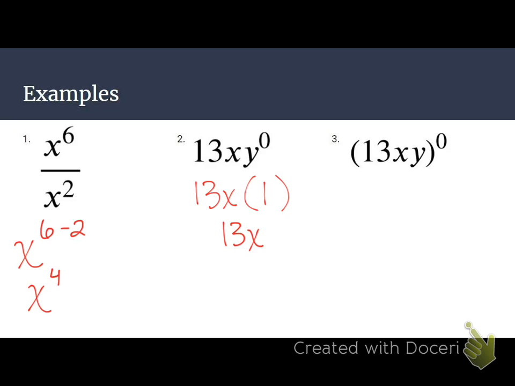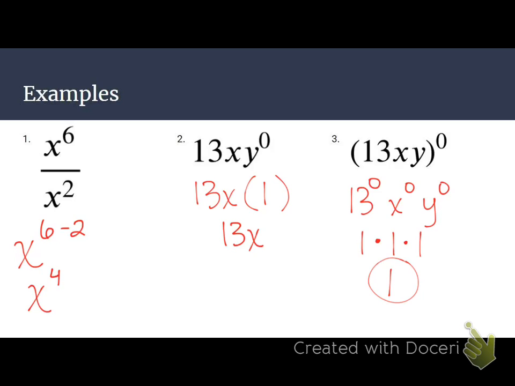Now that's a little different from number 3. On number 3, that 0 exponent belongs to what? All of it. So you could, if you wanted or needed to, give the 0 exponent to everything. That's a rule that we'd already talked about. x to the 0 power is 1, times y to the 0 power is 1, so 1 times 1 times 1 is 1.